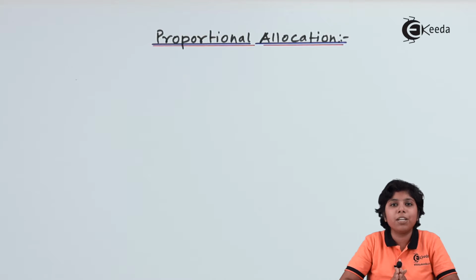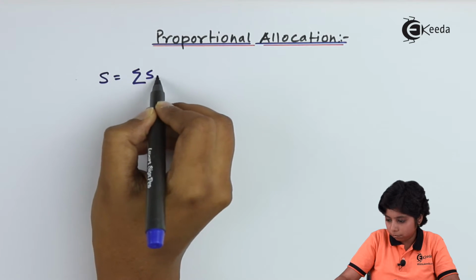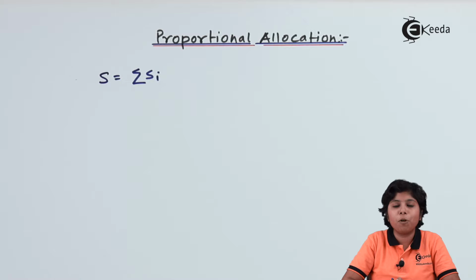So here we allocate a number of frames ai to a process pi whose size is si. We can define S as the sum of the sizes of all the processes, which is equal to the total pages in the system.